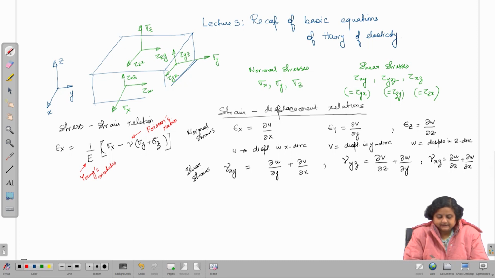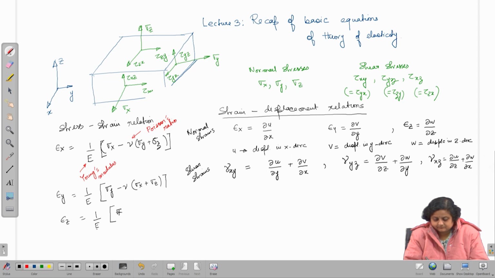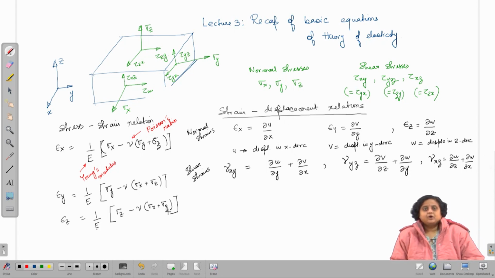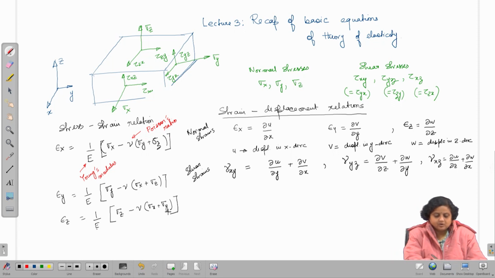Similarly, the other strains can also be written as 1 by E times the corresponding expressions.